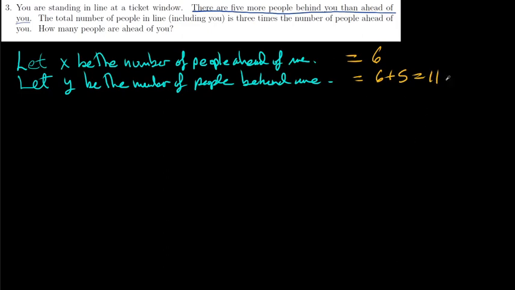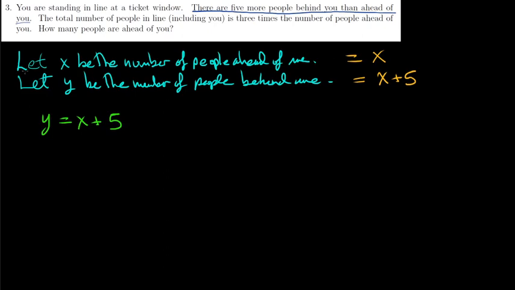Again, that's probably not right, but it's a guess. So since we don't know how many people are ahead of us yet, we're calling that x. The number of people behind us, y, is just 5 more than that. So x plus 5. Okay. So already we have an equation, y is equal to x plus 5.